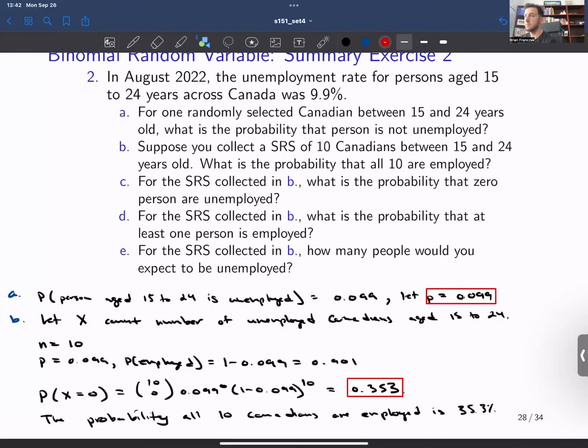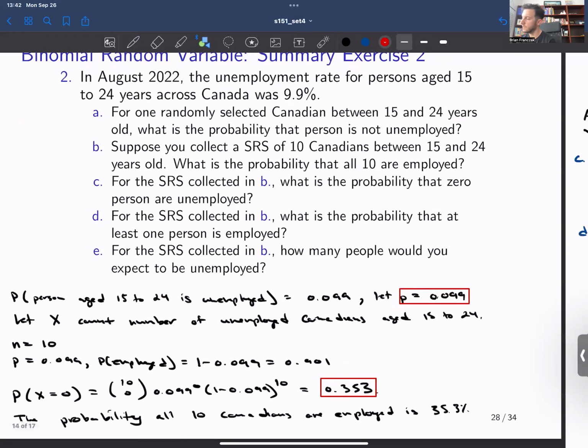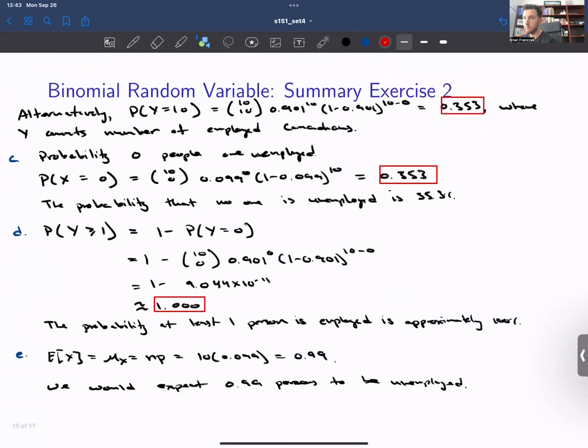We let X count the number of unemployed people. But given that in some cases we were asking about probabilities of employment, it's easy to just use the complement of P and use another random variable, say capital Y, to count the number of employed persons, and then use our binomial probability formula in those contexts.